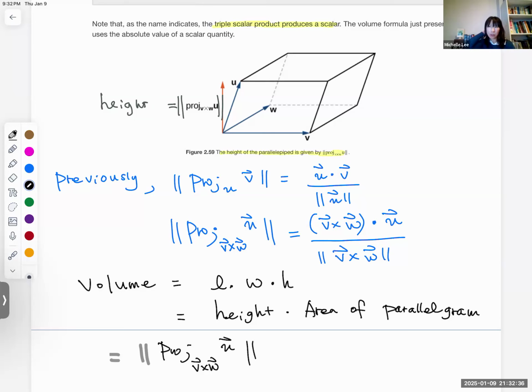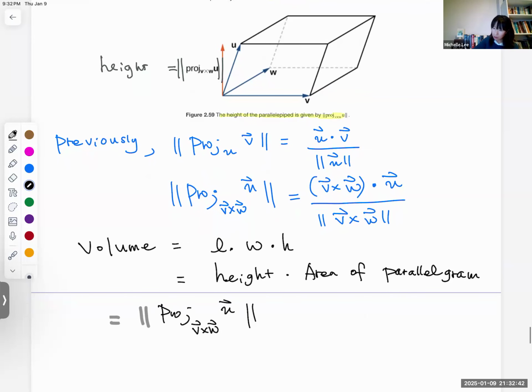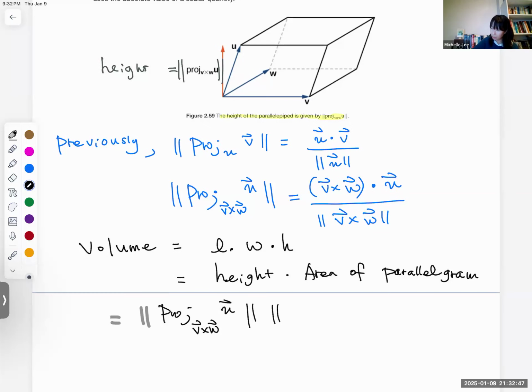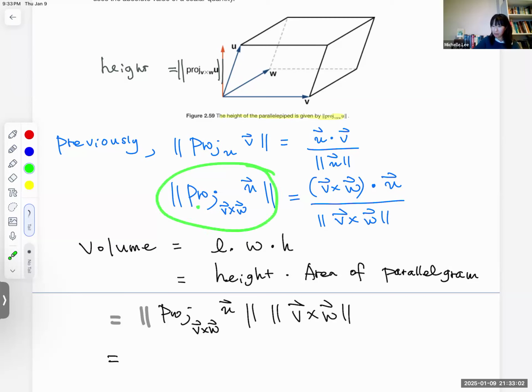What's the area of a parallelogram? We had earlier, can you see? In that case, v cross w, magnitude of v cross product with w, right? Okay, now then I want to replace magnitude of projection of u onto cross product of v and w.